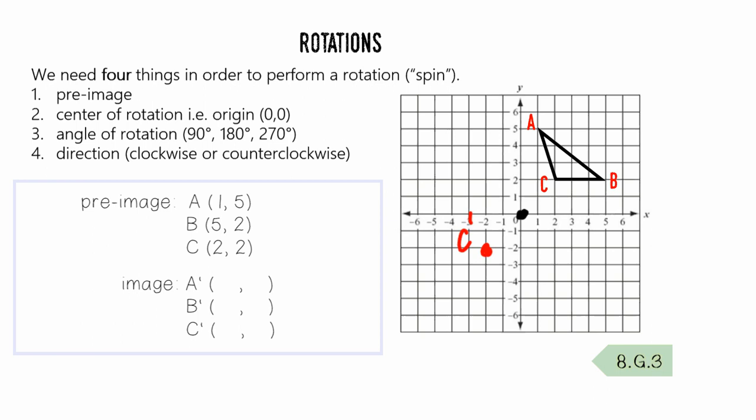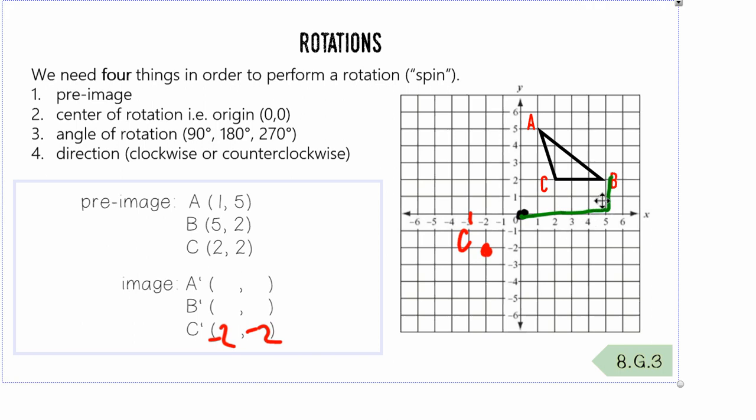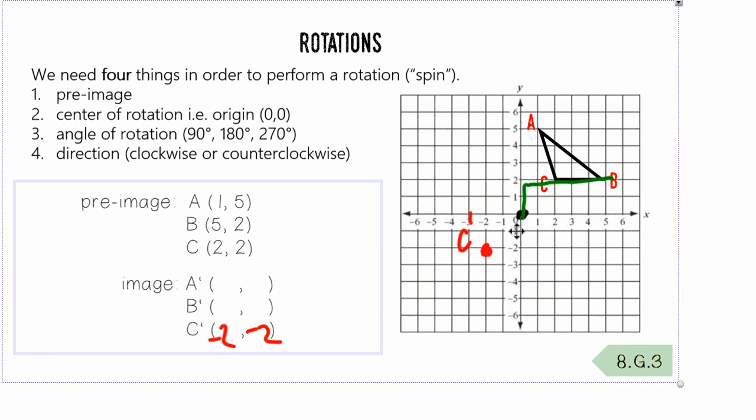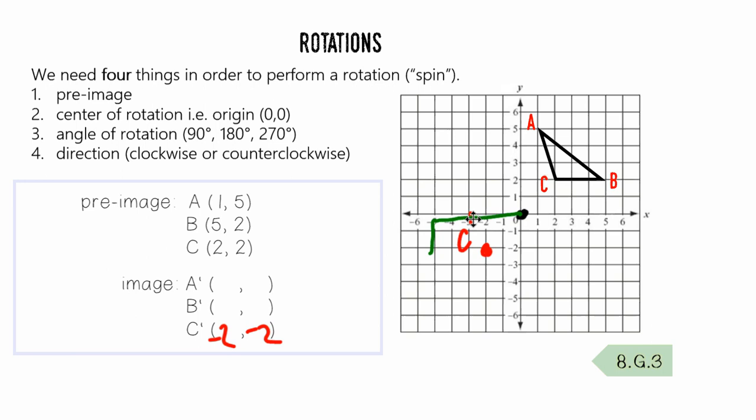And I'd like you to start looking at how the original coordinates of the pre-image have changed when we did this rotation. Let's do the same thing for point B. I'm going to draw my hook, vertical and horizontal line, and I'm going to rotate that hook 180 degrees, and I will bring this over to my center of rotation, and that's going to show me where my new letter B is located.